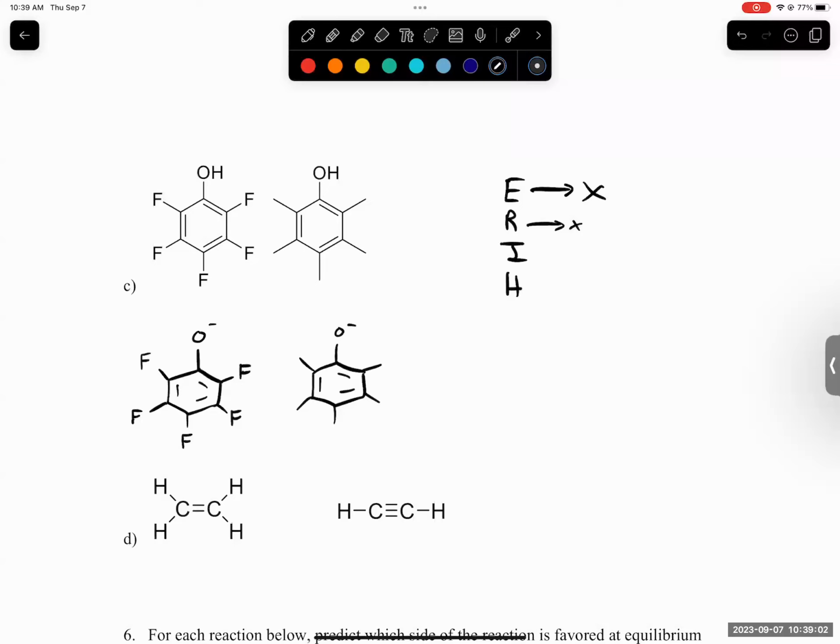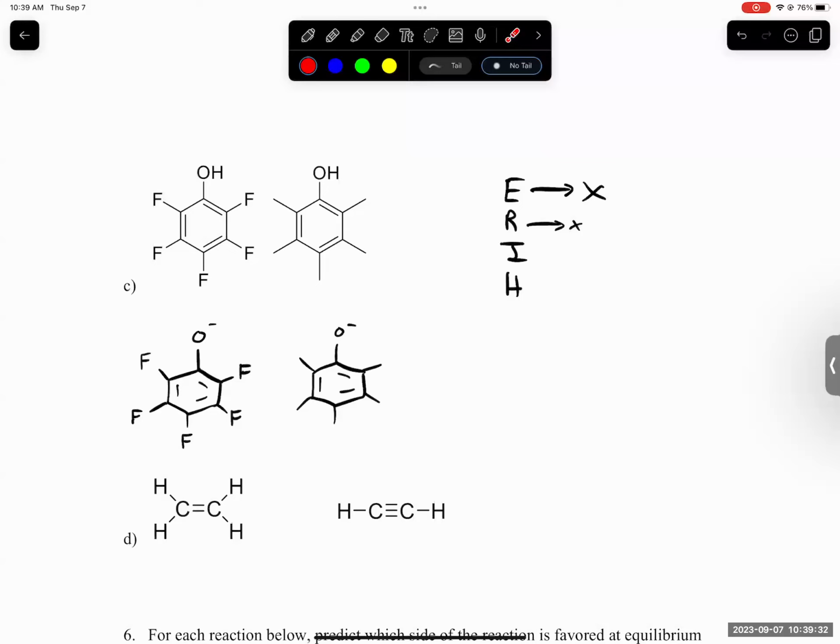The one on the left is going to be more stable than this one because those fluorines inductively withdraw electron density from that oxygen with a negative charge and from the ring, therefore stabilizing that compound more, right? Go ahead, you have a question.